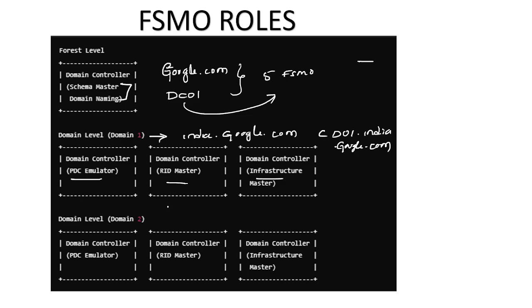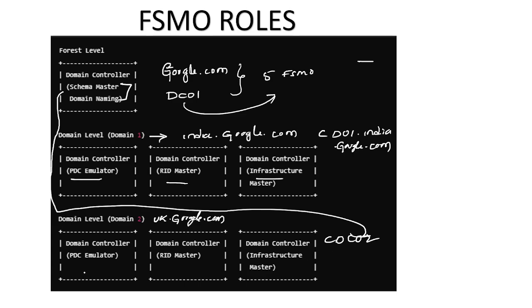Likewise, if you create another domain, a second child domain, maybe uk.google.com, with maybe cdc02, child domain controller 02, in uk.google.com, there if you check, you can see the same schema master and domain naming master coming from the forest. The domain wide roles are coming from the same cdc in uk.google.com. This is how the FSMO roles are distributed.